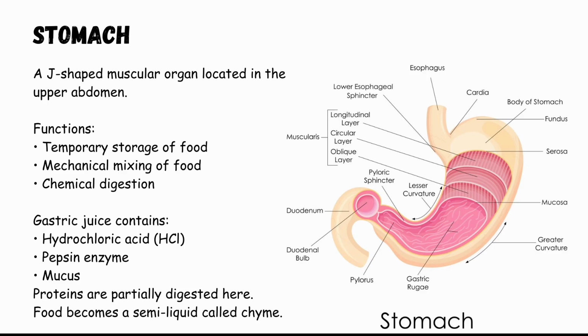Chemical digestion occurs through the action of gastric juice, which contains hydrochloric acid, or HCl, pepsin enzyme, and mucus. Hydrochloric acid creates an acidic environment that helps activate pepsin. Pepsin is responsible for breaking down proteins into smaller peptides. The stomach converts food into a semi-liquid substance called chyme, which is slowly released into the small intestine.